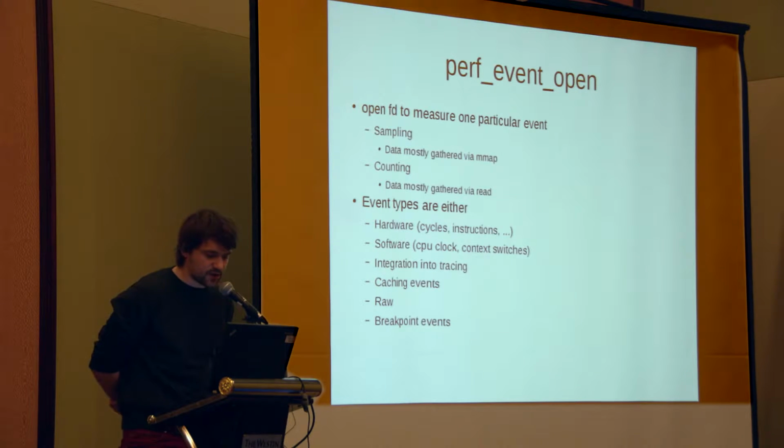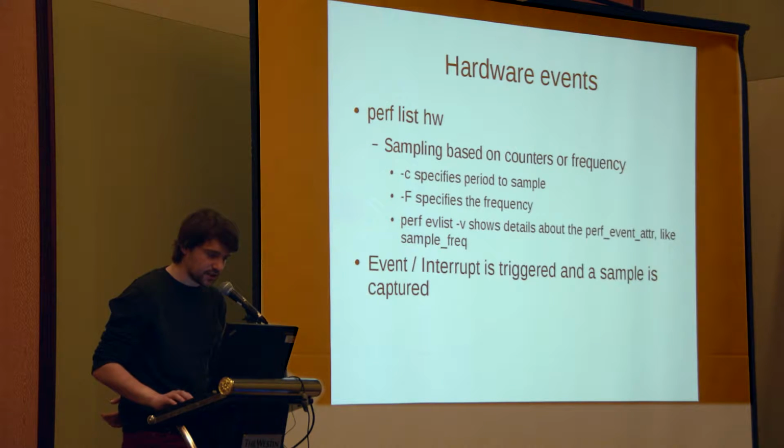As I already explained, we have quite a lot of event types which you can specify as events in perf_event_open. We will look at a few of them later on.